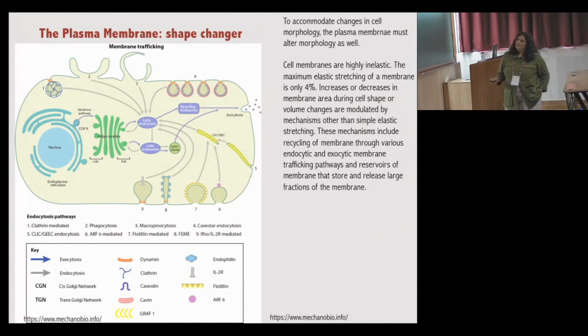And they're constantly exchanged between the plasma membrane and the inside of the cell. So in addition to being able to compartmentalize biochemistry within these compartments, they also allow you to modulate the amount of membrane that a cell has.